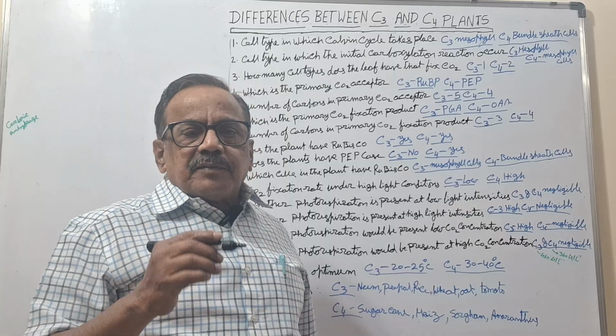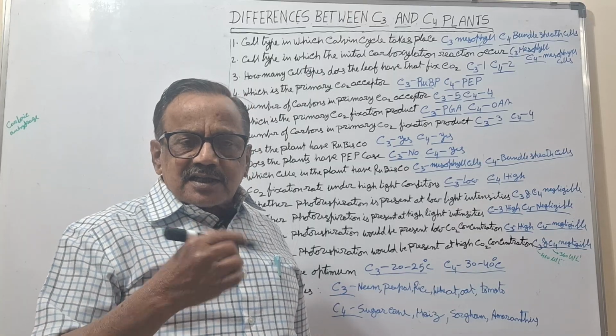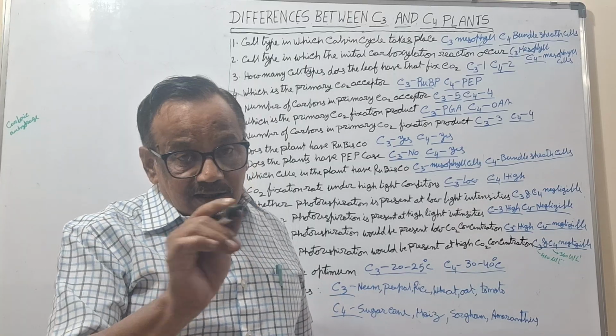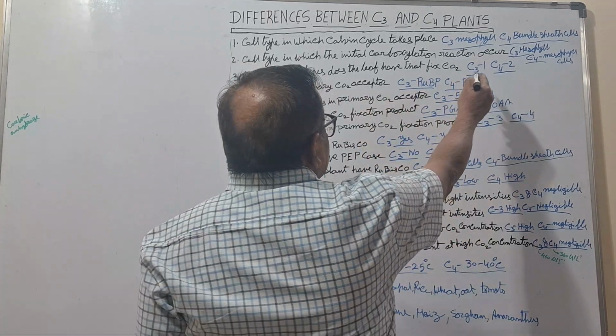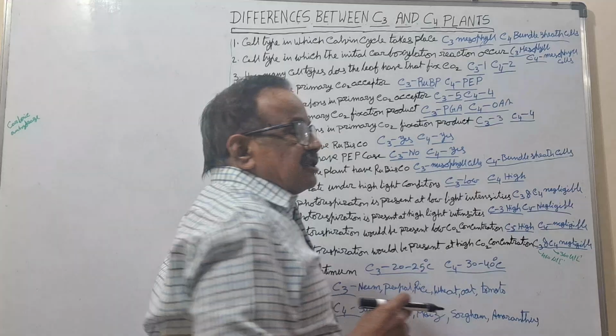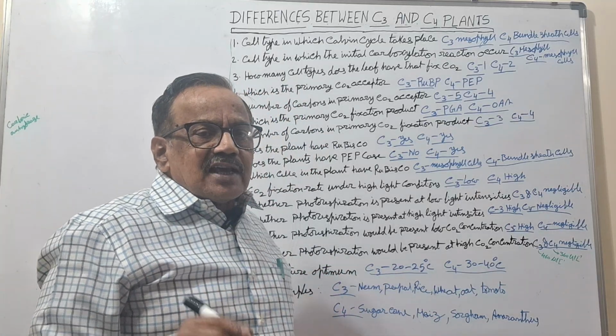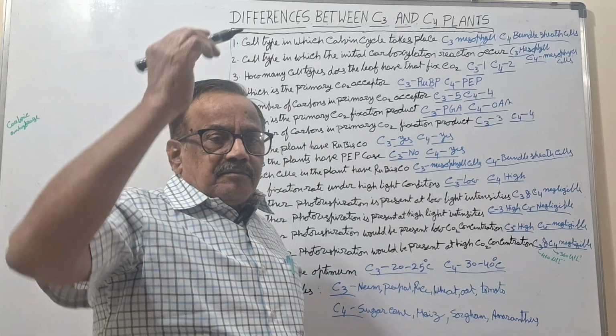The bundle sheath cells formation, this Kranz anatomy, is also given in C4 plants. So only one type of cells in C3, but two types in C4: the mesophyll cells and the bundle sheath cells.